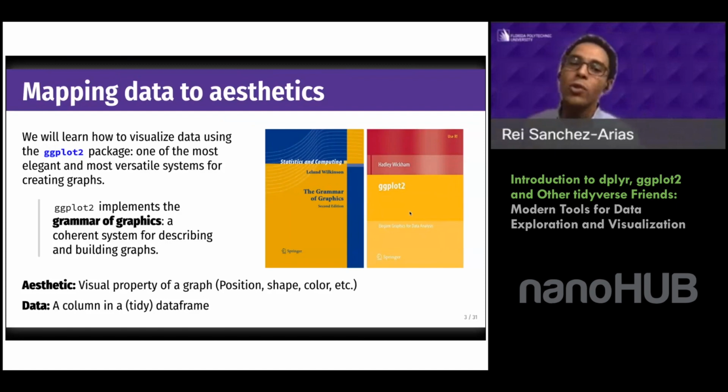And that's not quite true, because if we have more variables, we can actually map those to different aesthetics. So I can make, for example, the point of a specific color. I can play with the shape of the points. I can do many, many other things. So we're going to try to introduce some of those.